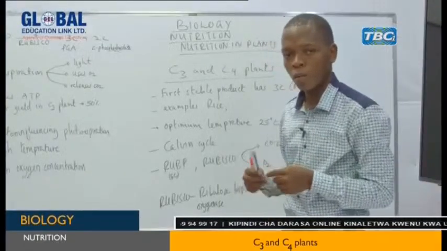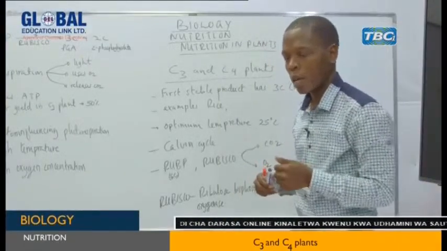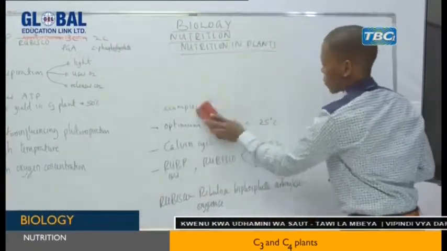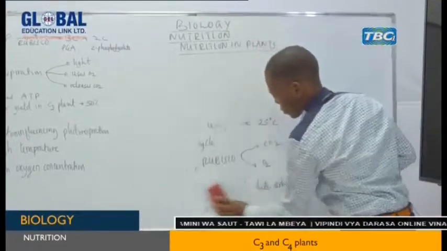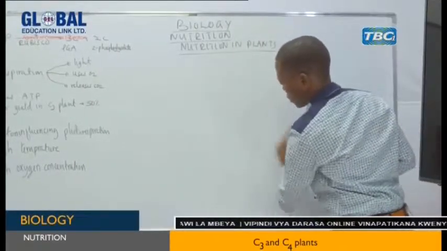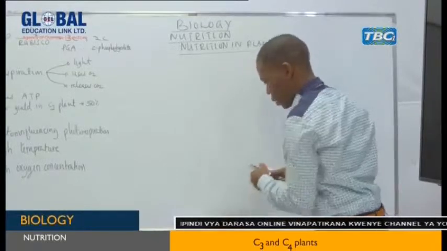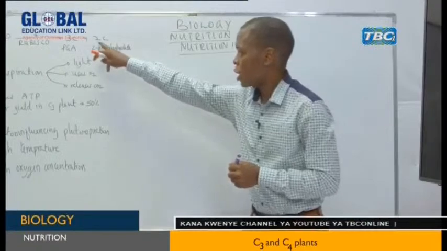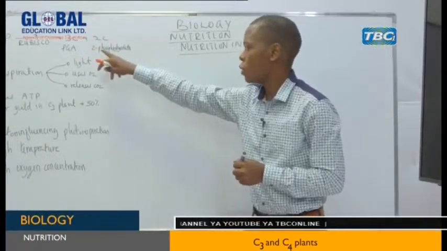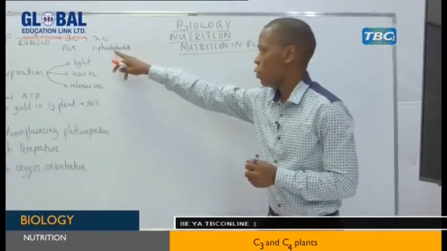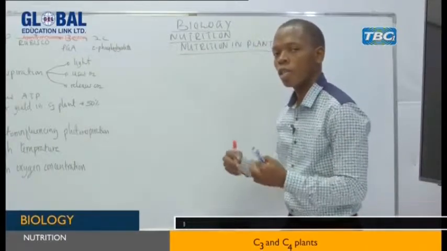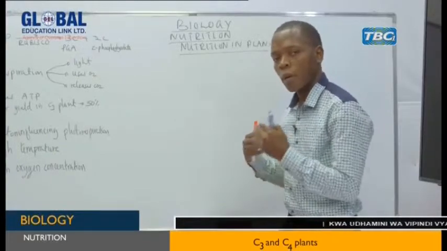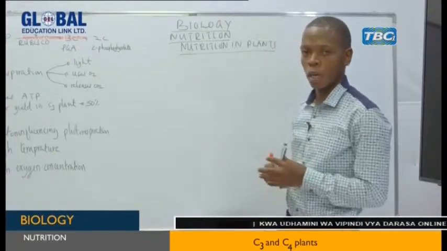Let's see how this photorespiration can be explained diagrammatically. As I said, after formation of this 2 carbon compound, phosphoglycolate, this phosphoglycolate is converted or exchanged between different organelles such as chloroplasts, peroxisomes, and mitochondria.